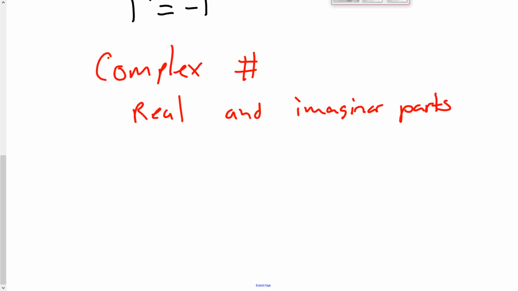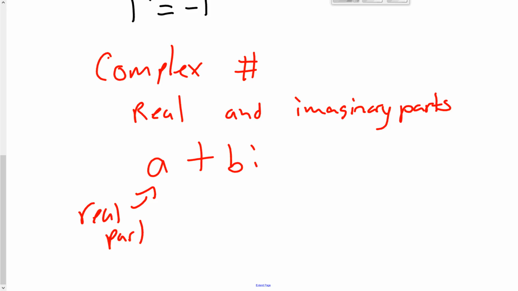So with complex numbers, like I said, real and imaginary parts. Standard form is a plus bi, where a is the real part, and b is the imaginary part.